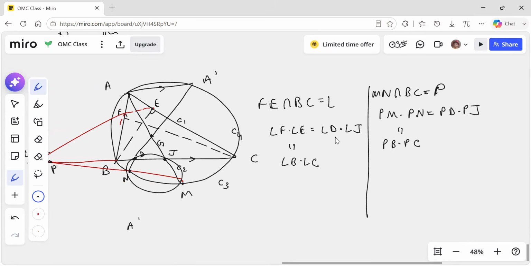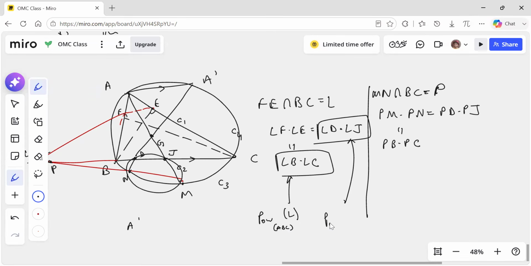Like these two things. No, I won't do MN times, I would just conclude using something easier. LB times LC and LD times LJ. This is the power of L with respect to the circumcircle of ABC, right? And this is the power of L with respect to the 9-point circle. Call the 9-point circle omega 9.